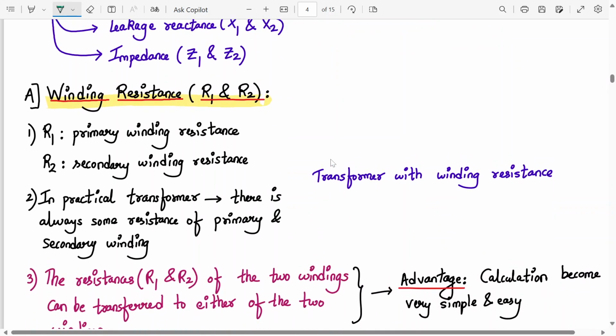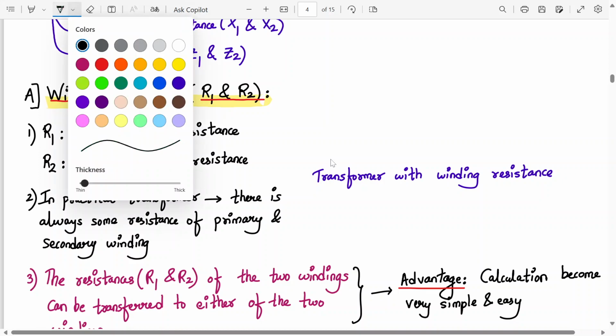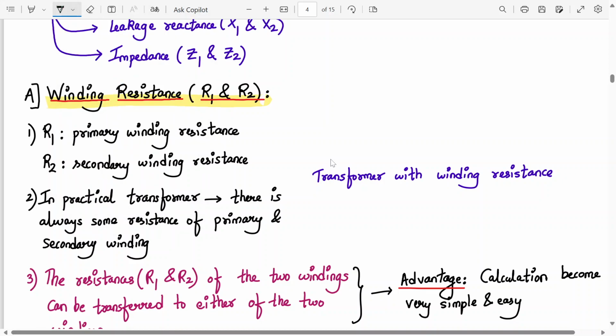So just now you have drawn a transformer, or if you have not drawn, please draw a transformer with winding resistance. Here is my transformer symbol, with the laminated core. The resistances which I have shown here are due to winding resistance.